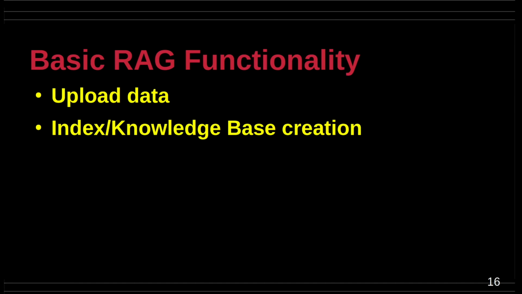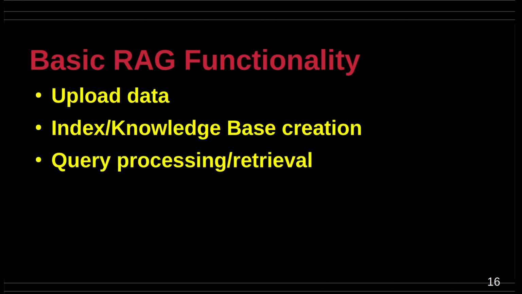In the next phase, we have query processing and retrieval. Query input, the user's question or prompt. And then we move on to query embedding, which is converting the user's query into a vector representation using the same embedding model used for the indexed data.